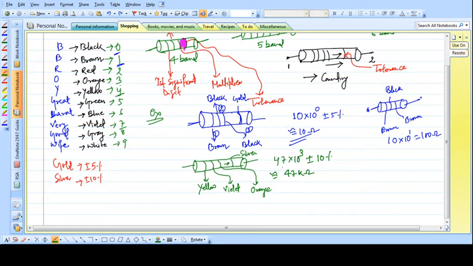Now we have to think about the tolerance. Tolerance is basically the accuracy, meaning the range in which the resistance value will lie. So this one is 47k. Here I am writing 47k into 10 by 100.